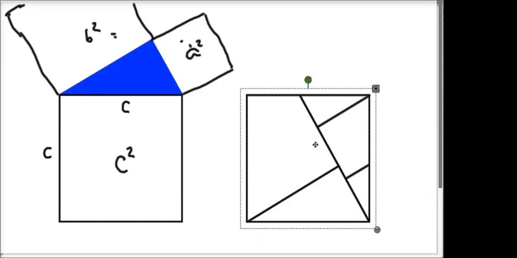What I'm trying to say here is in this blue triangle, you can see that any triangle has got three sides. In our case here, we are trying to prove that when you square the hypotenuse side, that square will be equal to the sum of the squares of the other two sides.